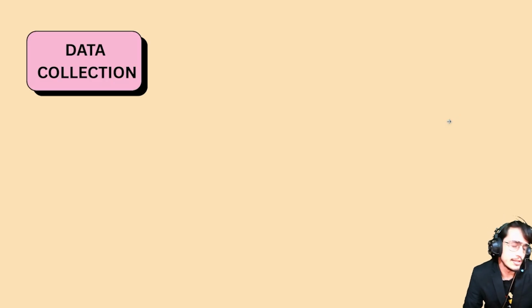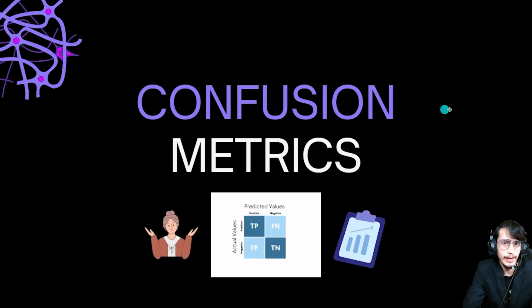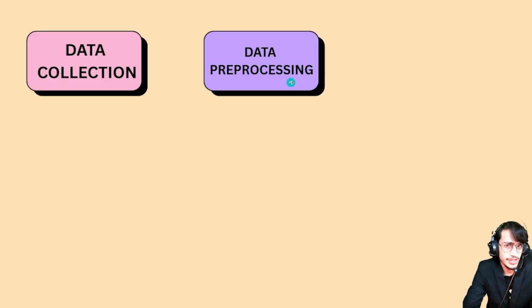As we all know, our machine learning pipeline has these steps. First is data collection, to collect the data, like downloading data from Kaggle or making our own data. After that, the next step is data pre-processing, to process the data according to what the model requires.